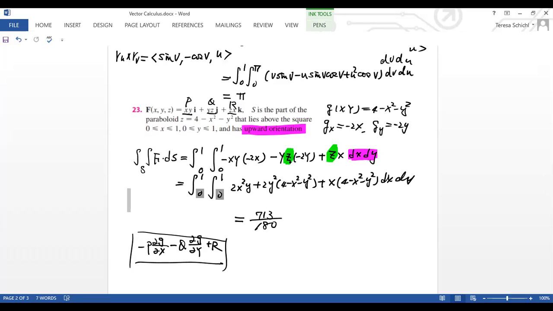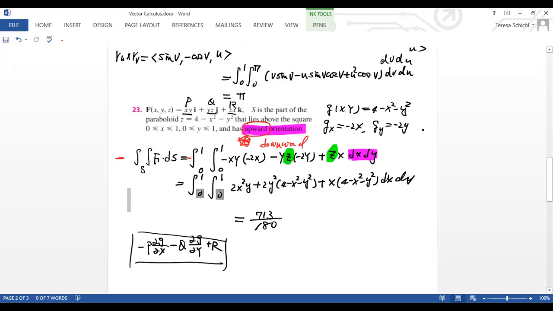Like I said, the reason I want to do these problems is that this one is the upward orientation. So it's similar to the line integral, the positive orientation. If this is downward, then you need to put a negative sign in front of it.